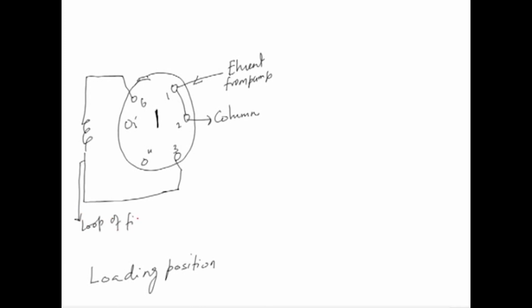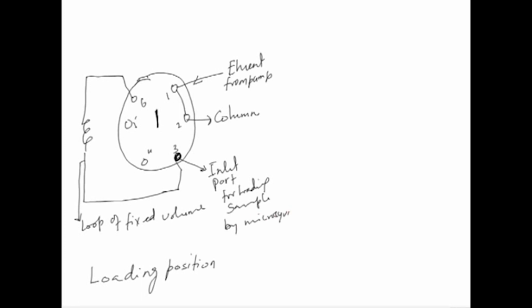Now, this could be 200 microliter to a few ml also. Now, what will happen? You have to load the sample, and this was the port where you will be loading it. So, this is the inlet port for loading the sample by micro syringe.